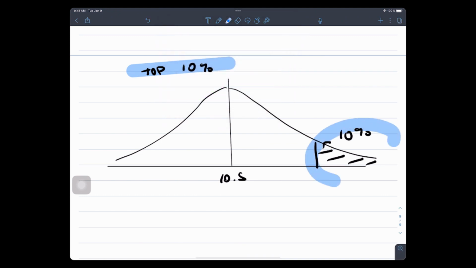Is that true? All right. So how do you write 10% as a decimal? Is that 0.10?